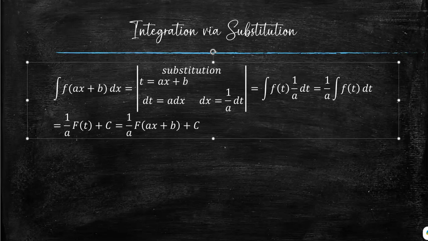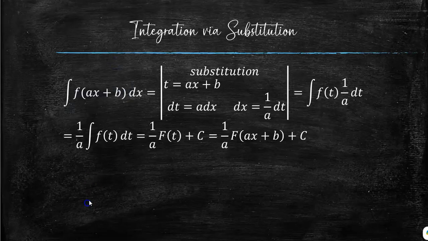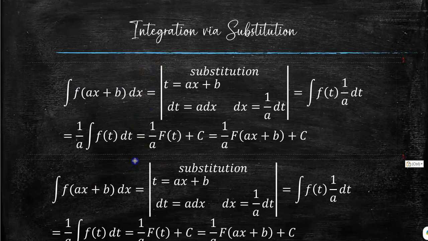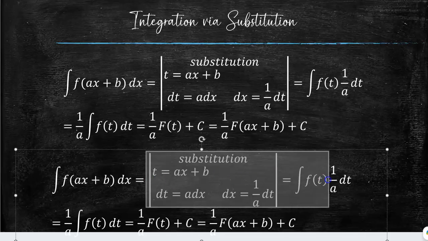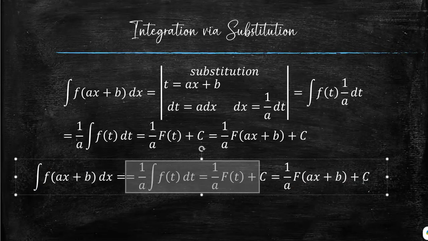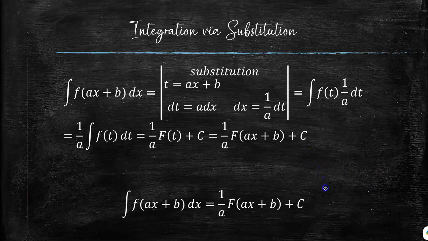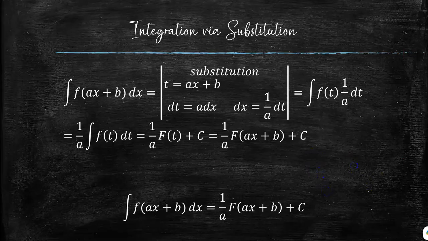Can I just skip the steps? And the answer is yes. It's not that hard to skip the whole thing, jump from the actual problem to recognizing that it's a linear substitution, and just write the answer like this.